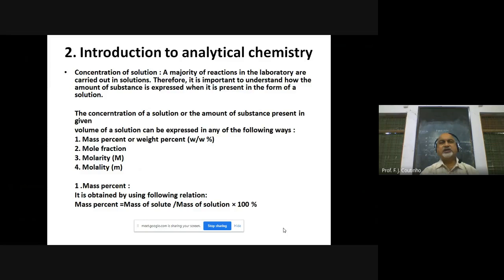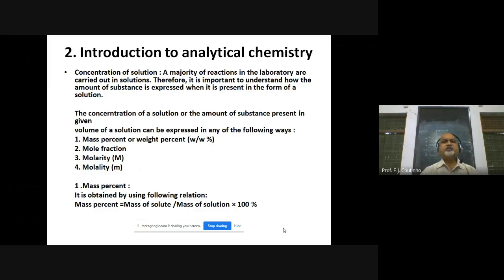Say sugar and salt. Sugar is a solute. Salt is also a solute. When we dissolve sugar and salt in water, water becomes the solvent. So we are dissolving solute in a solvent. That is a solution.